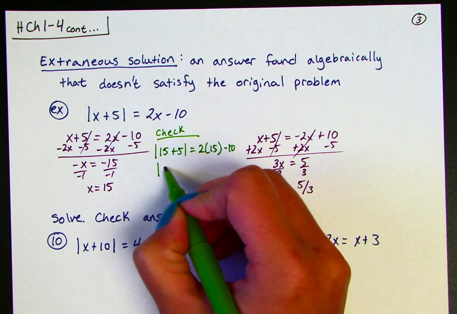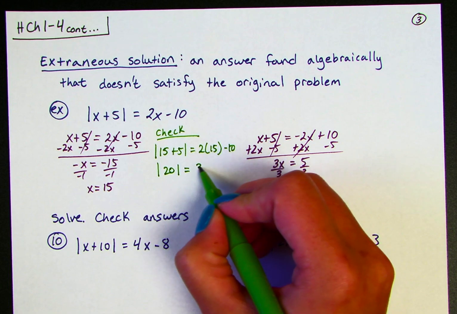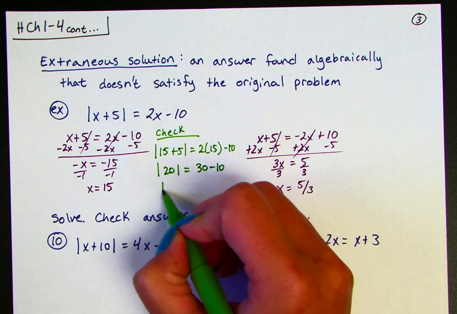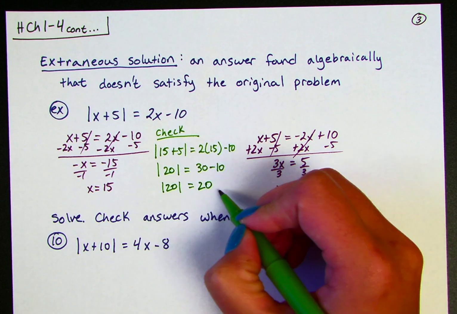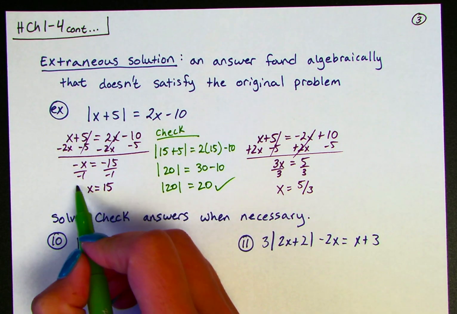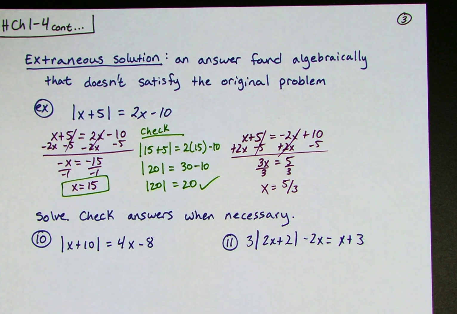So this will give me the absolute value of 20, that is 30 minus 10. So the absolute value of 20 equals 20. So that is a true statement, which means that this is one of my answers, so I'm going to circle it. And now we need to check our second answer.